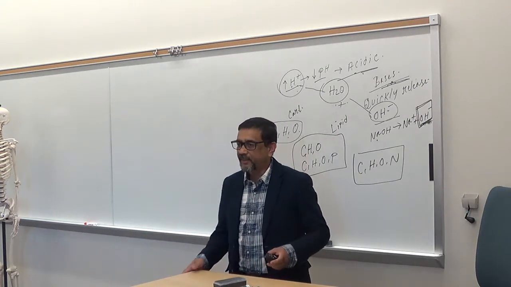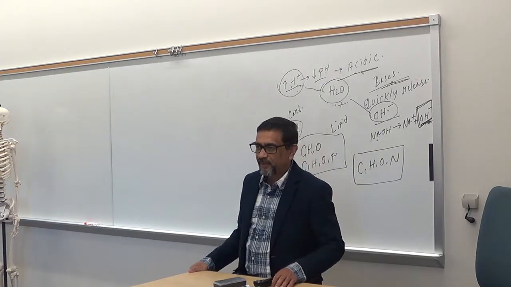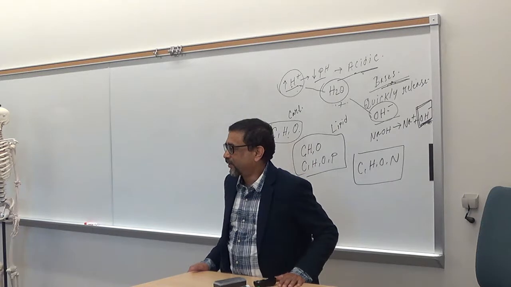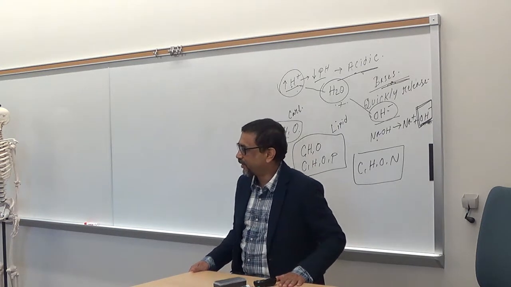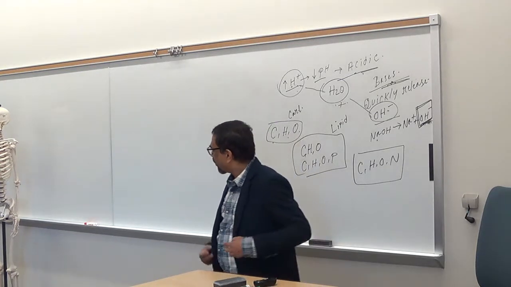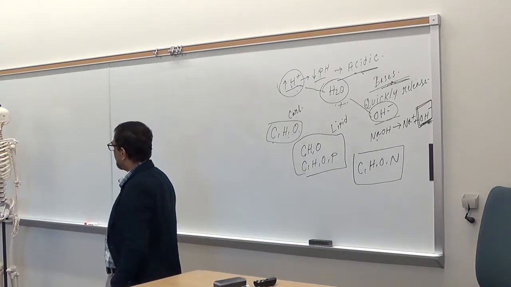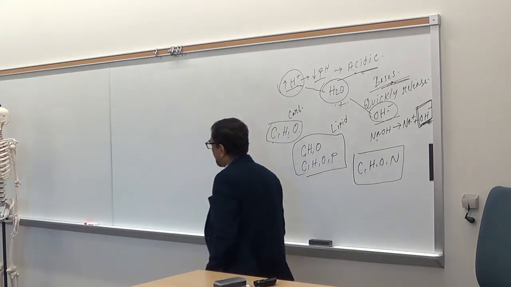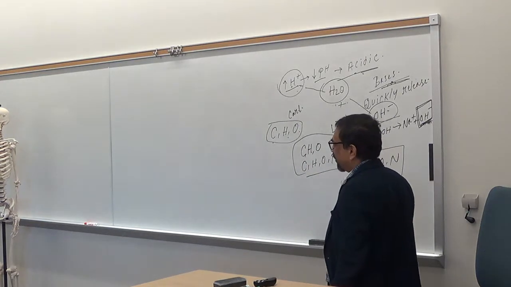Now, carbohydrates could be three types depending on the size of the molecules: monosaccharides, disaccharides, and polysaccharides. Mono is single, so simple sugar. The simplest form of carbohydrate I mentioned is glucose, the smallest.